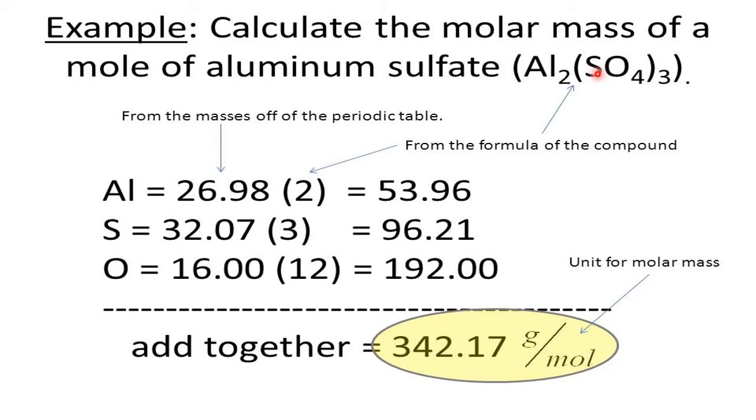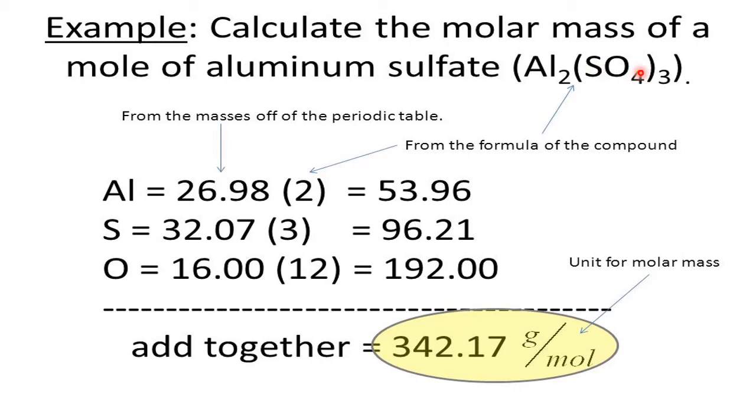Therefore there are 3 sulfur atoms, and already 4 oxygens are there in the SO4 unit, so 4 times 3, or 3 into 4 equals 12 atoms of oxygen in aluminum sulfate. Therefore, aluminum sulfate contains 2 atoms of aluminum, 3 atoms of sulfur, 12 atoms of oxygen.